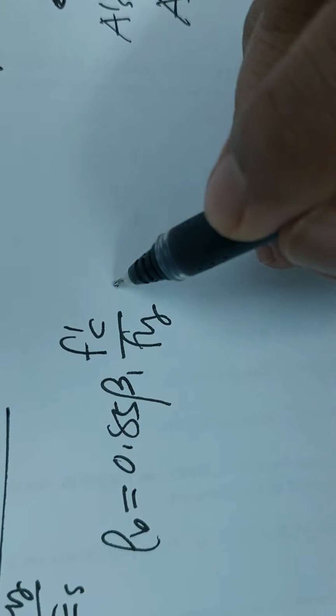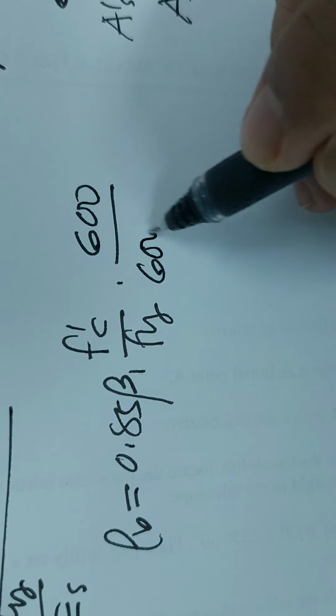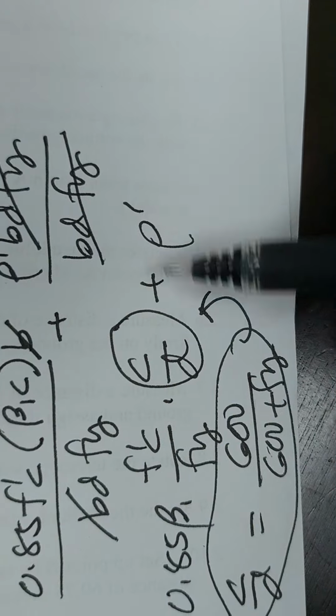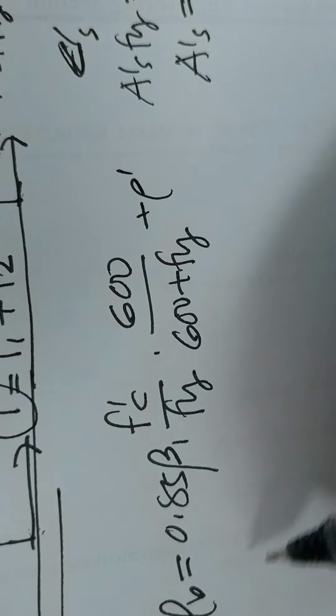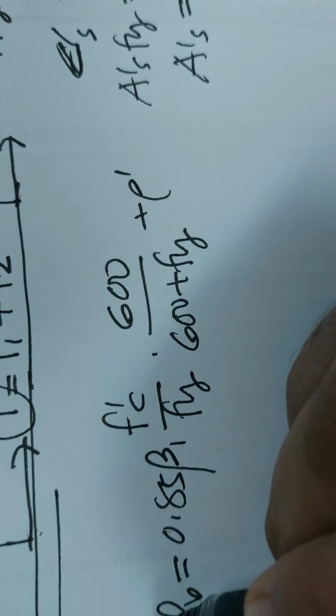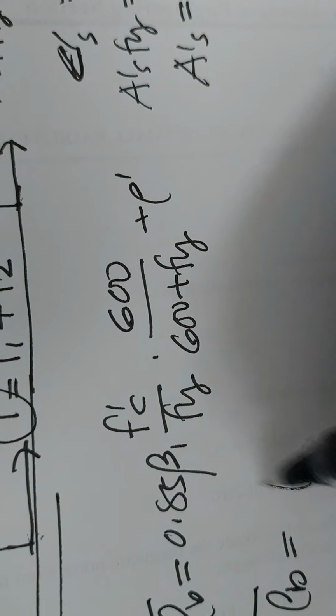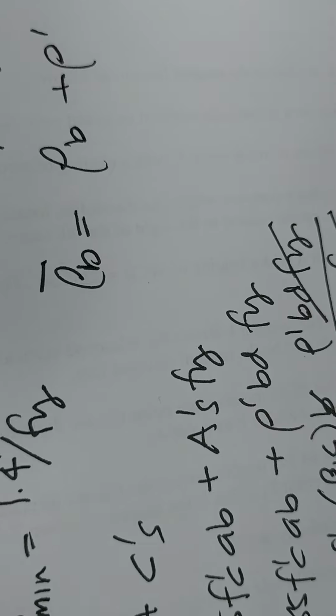Therefore, we have here 0.85 beta sub 1 F prime C over Fy times 600 divided by 600 plus Fy. But we still have rho prime here for the compressive reinforcement. Therefore, we need to add it here, meaning that the balanced steel ratio bar is equal to the balanced steel ratio of a singly reinforced beam plus rho prime.